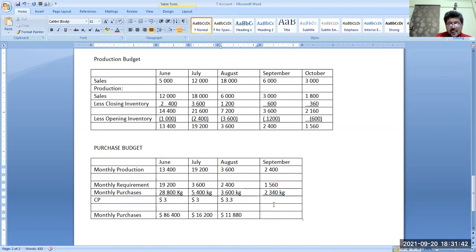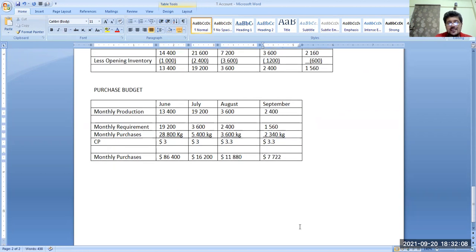And here also again $3.3. 2,340 multiplied by 3.3, $7,722. This is purchase. Done. Now move to the next part.